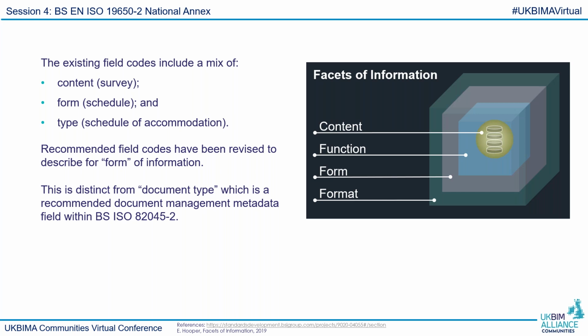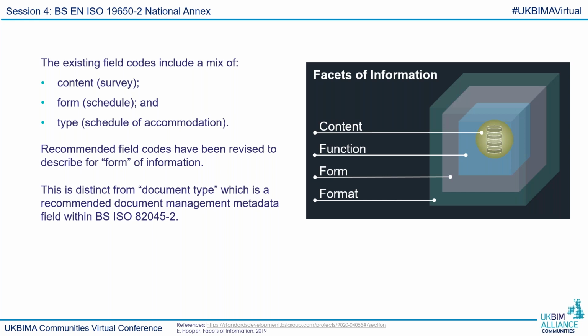So one of the problems we had with the existing National Annex was that the type codes did lots of different things. Some of the codes were describing content. There was a code for surveys where, survey isn't really a type of information, it is the information. You do a survey and that's what you get.